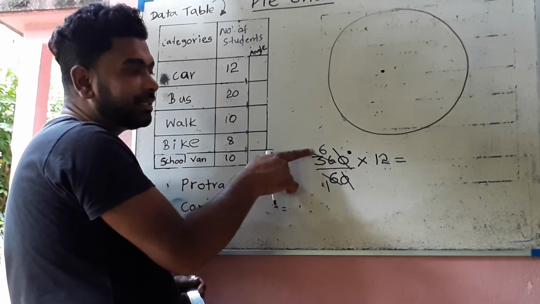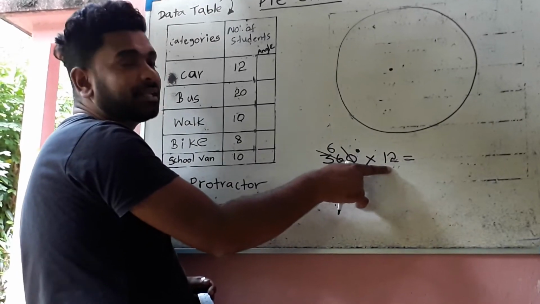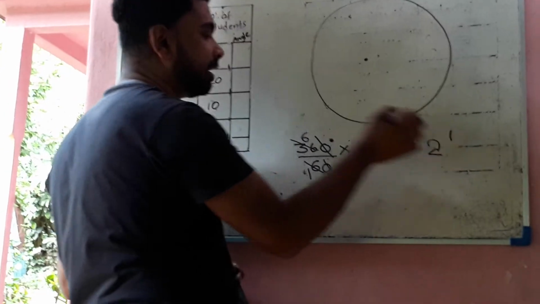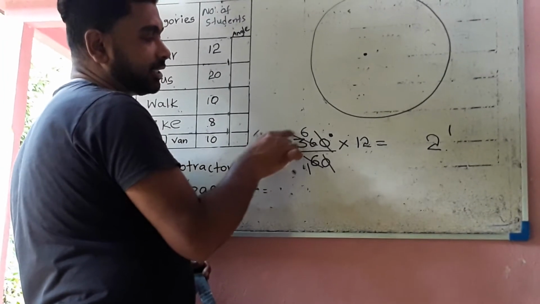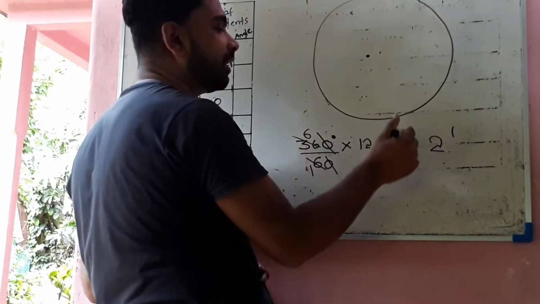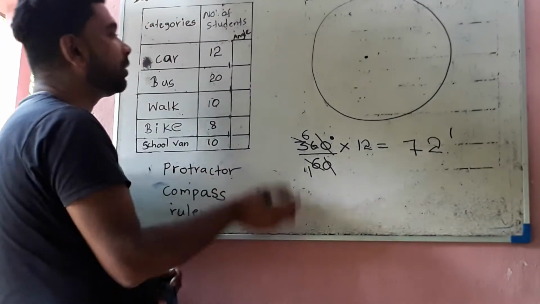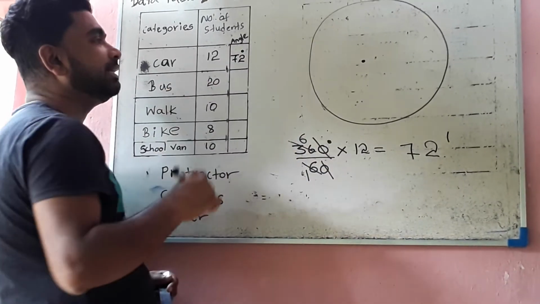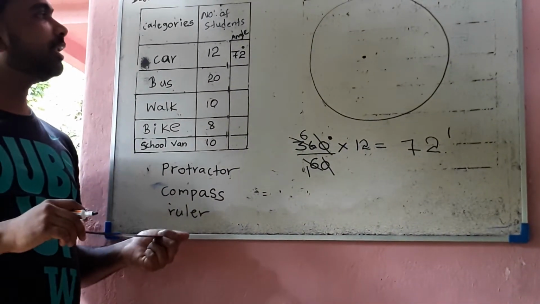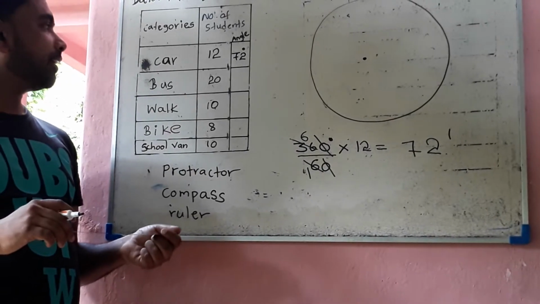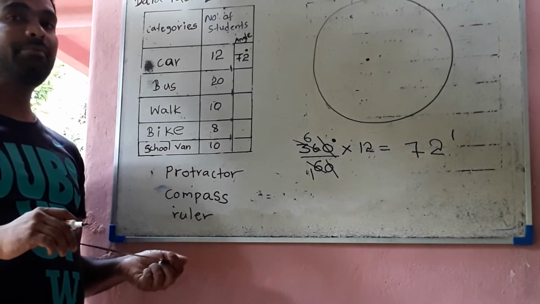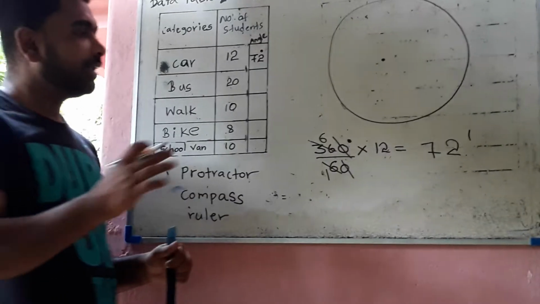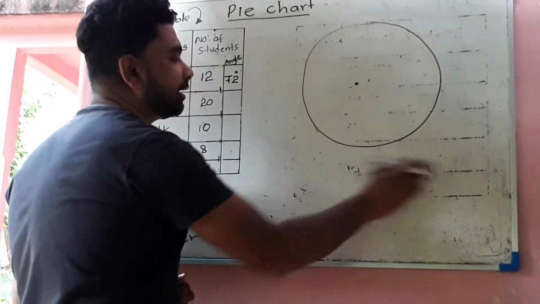Now multiply this number: 6 into 2 is 12 and 1 is there. 6 into 1 is 6. If we add that one, it becomes 72. Then we need to draw a 72 degree angle. The angle we should draw for the category of car is 72 degrees. Like that, let's find for the other categories.